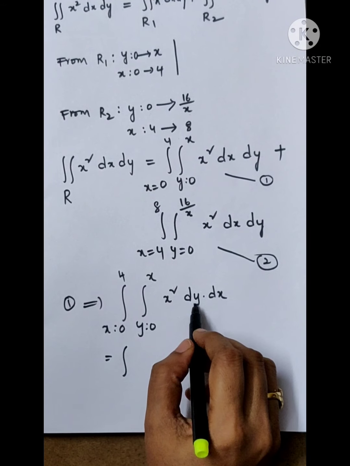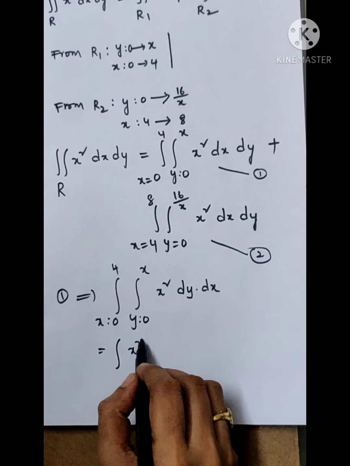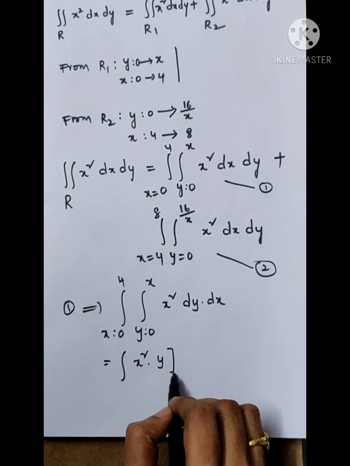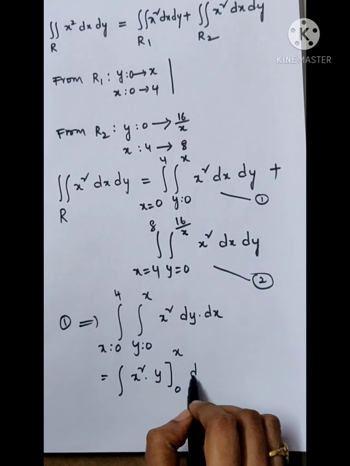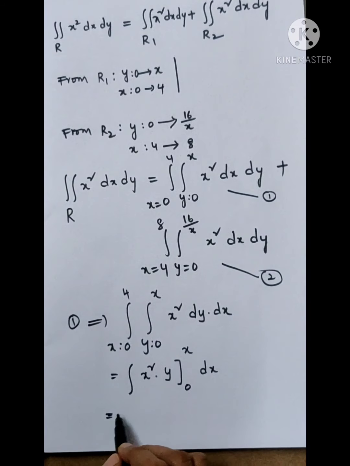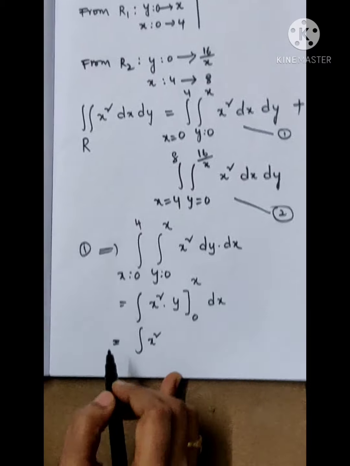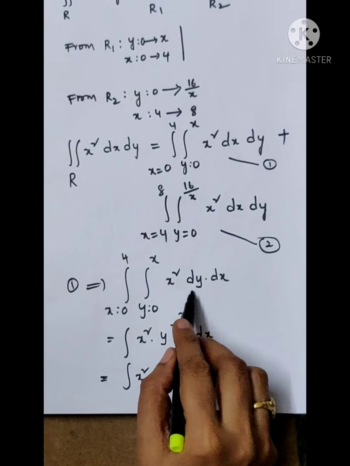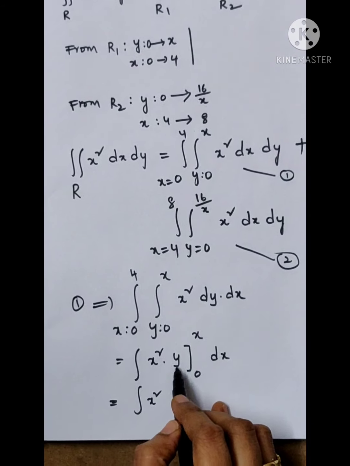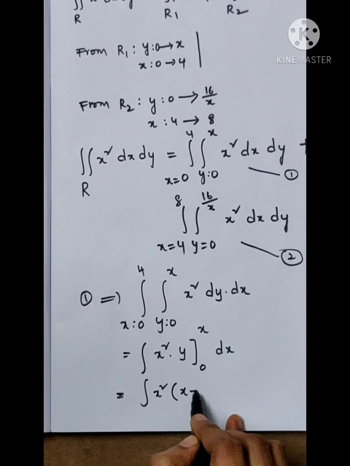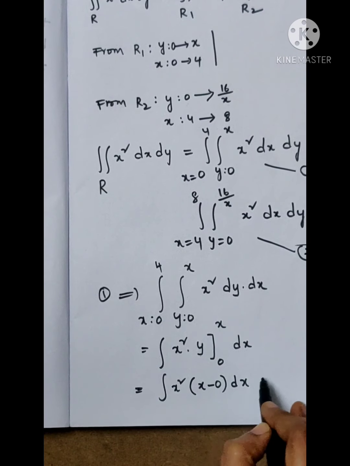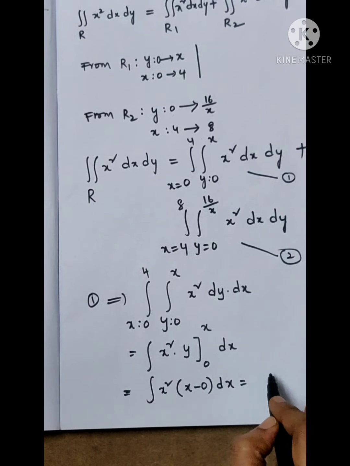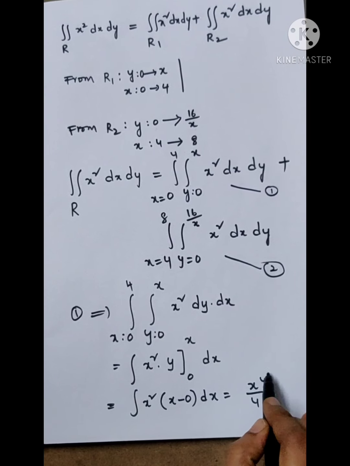While integrating with respect to y, we keep x constant, so x square is constant, and the integral of dy becomes y, with limits from 0 to x. So the integral of x square times the upper limit x minus lower limit 0 dx equals the integral of x cube, which is x power 4 by 4.